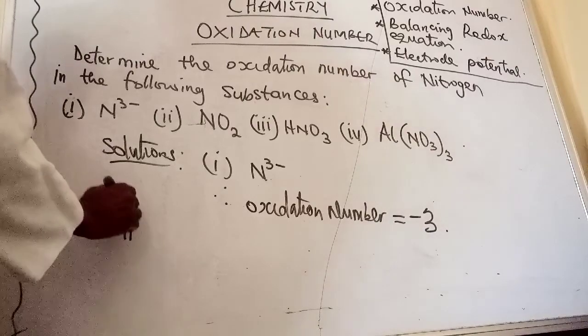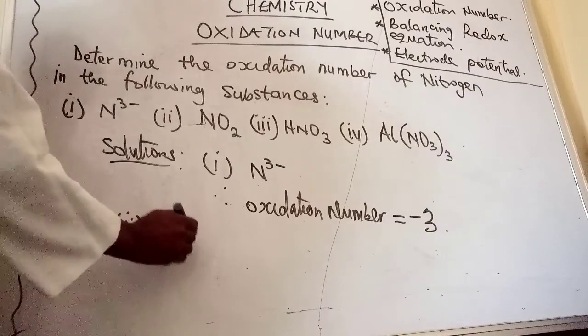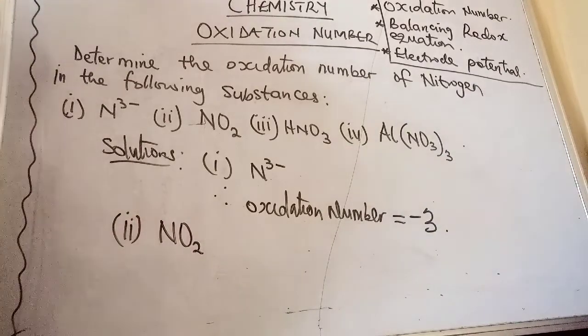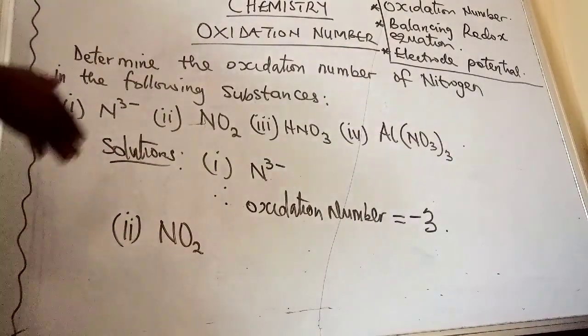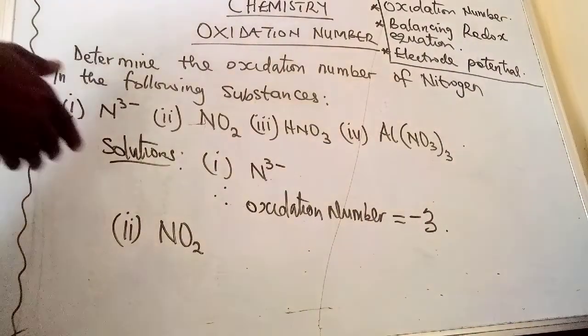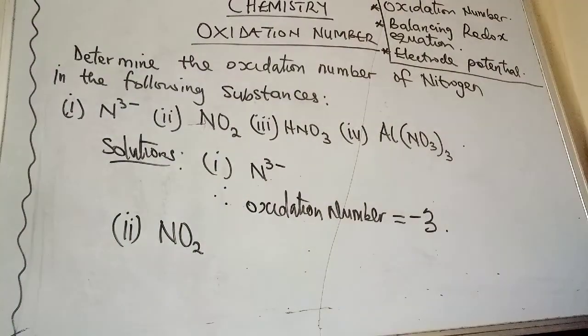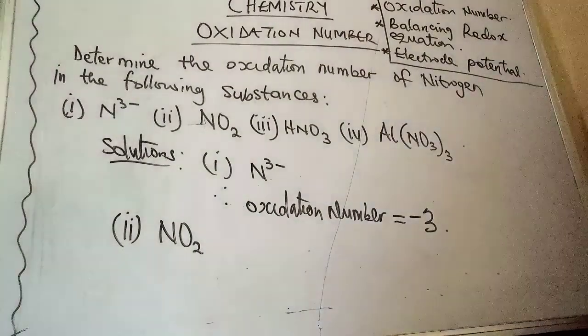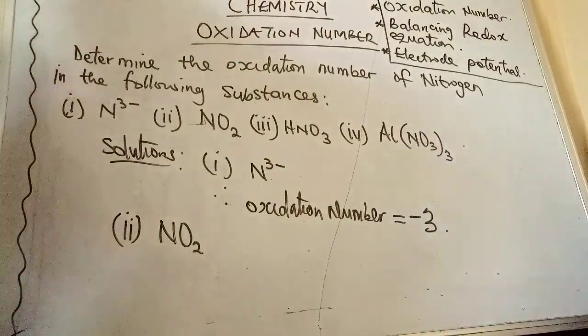For Roman figure 2, we are given a compound NO2, that is nitrogen 4 oxide. For you to find the oxidation number of a particular element in a given compound, you make everything equals to 0, because it's a compound.